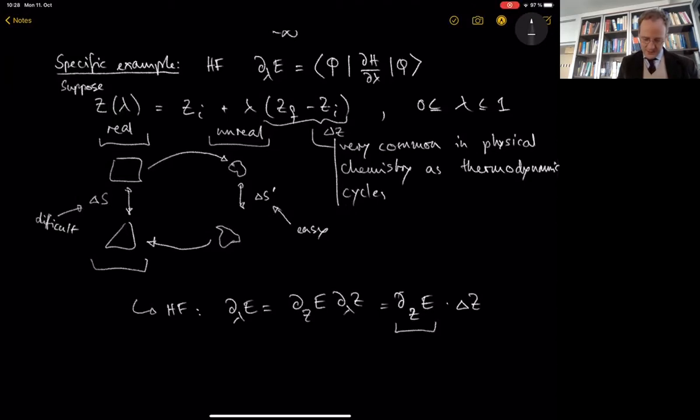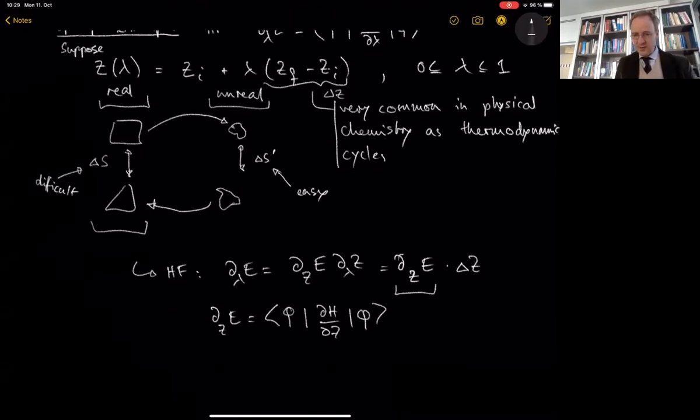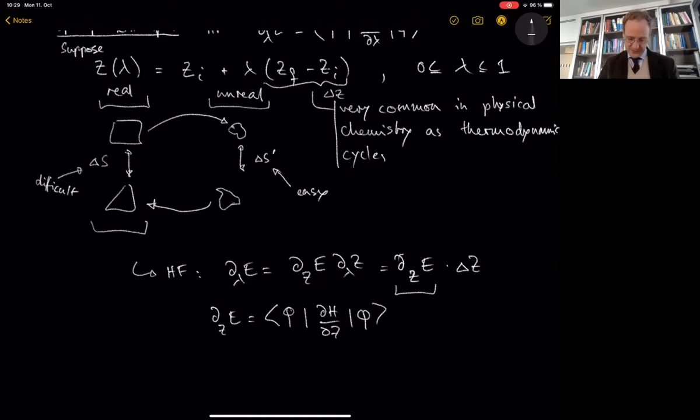So dZe is the derivative of dH dC phi, right? Now, if you differentiate the Hamiltonian with respect to Z, the nuclear charges, as discussed in the first couple of lectures, the nuclear charges only show up in the external potential.